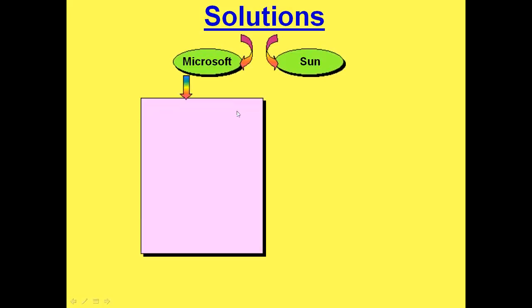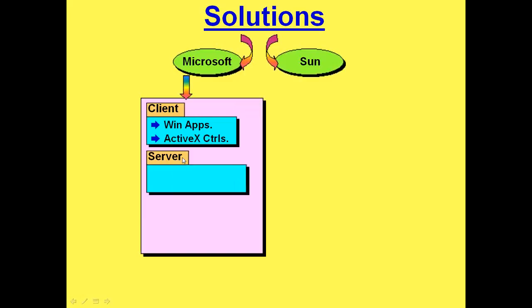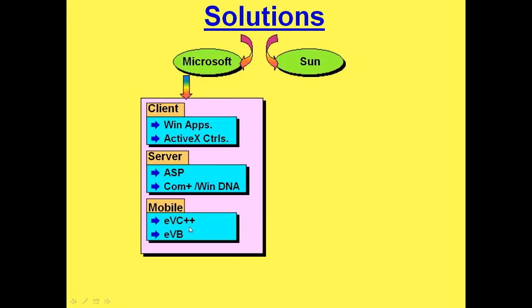Microsoft says, if you want to develop client-side applications, you can go for Windows or ActiveX. For server side, you can go for ASP or DCOM. And for mobile side, embedded Visual C and embedded Visual Basic.